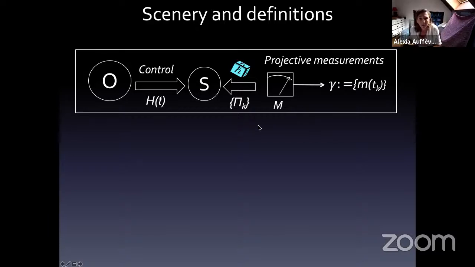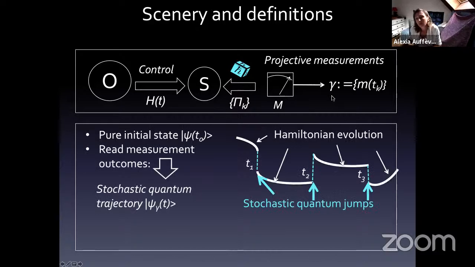And with this, you can build an essential quantum trajectory, because if you have your system in a pure initial state, and you have access to all the measurement outcomes of your measuring device, then you can know, and obviously, as you're the controller, you also know the Hamiltonian that you apply, you can rebuild at any time in which state your system is.